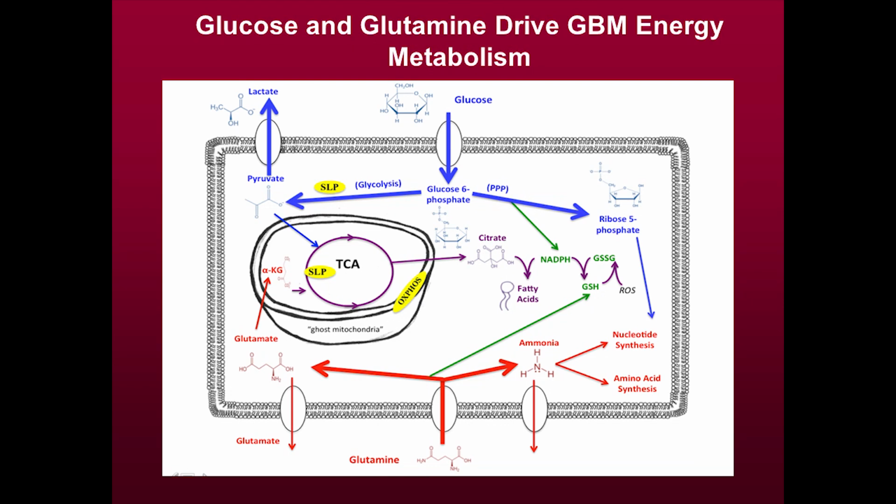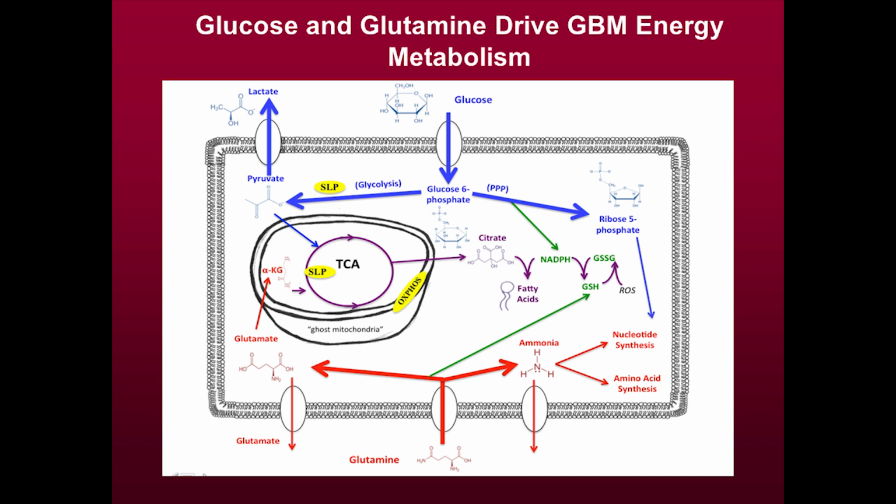Lactic acid is dumped out, causes acidification of the microenvironment, contributing to wound healing and all the angiogenic factors that you see. Also, glucose 6-phosphate can go down the pentose phosphate pathway, producing ribose 5-phosphate, a precursor for nucleotide synthesis. It also produces NADPH, a substrate for glutathione. And as I said, glutathione is one of the main antioxidant systems. So we're keeping our antioxidant levels high.